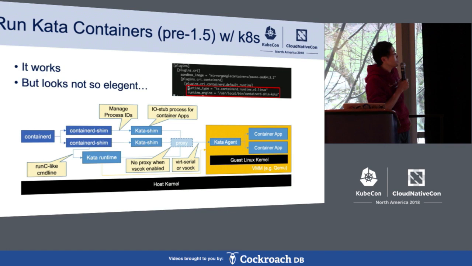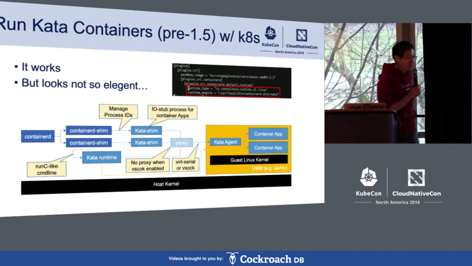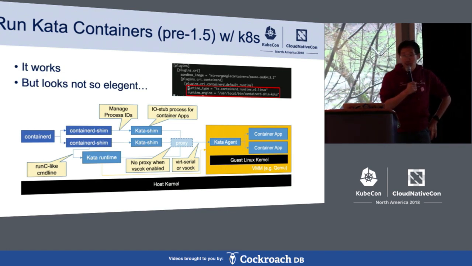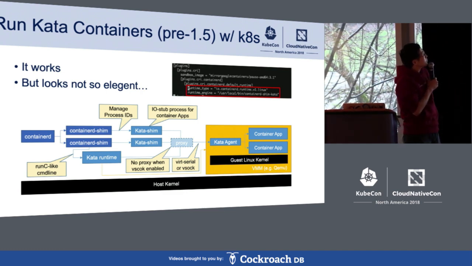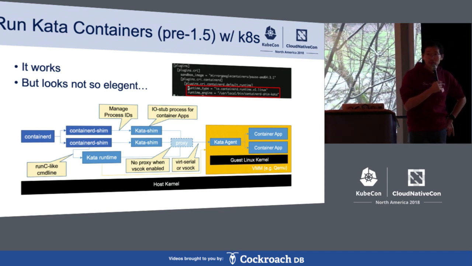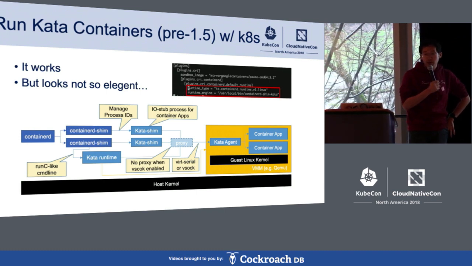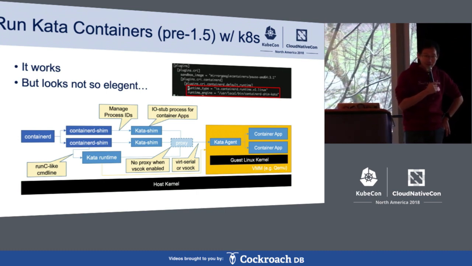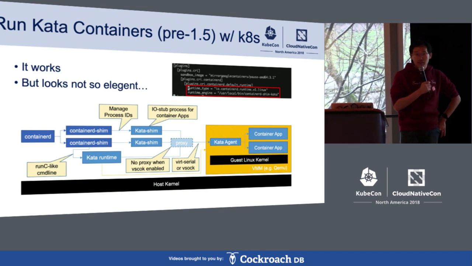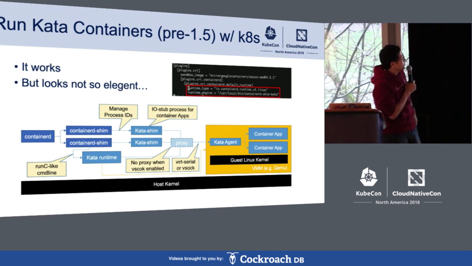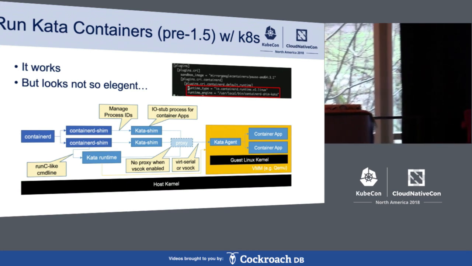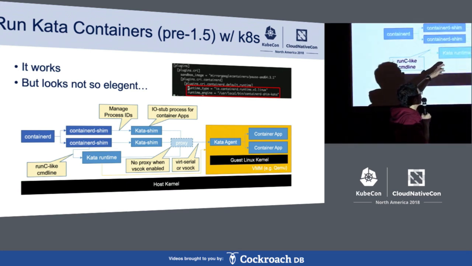But that won't be a big problem. Right now, you can use containerd itself. We could use containerd because it already supports CRI. The CRI plugin has become an official part of the containerd release. So we can use containerd to call the Kata runtime.